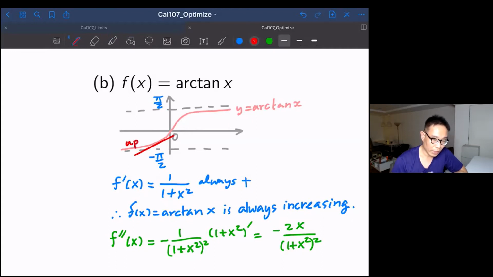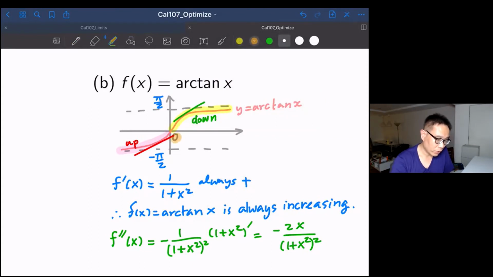However, if you draw the tangent line in this other interval, it's going to be down. So this one is different. It's going to be up until 0, and down from 0 to infinity. This is what we can see from the graph.